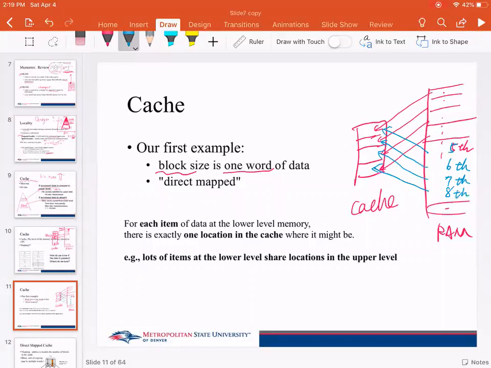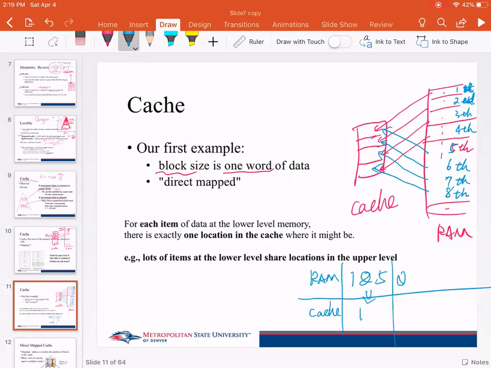Because we have many more different locations in the RAM, they have to share the same block in the cache. In this example, locations 1 and 5 in the RAM map to the first location in the cache, 2 and 6 map to the same location, 3 and 7 map to the same location, and 4 and 8 map to the same location.